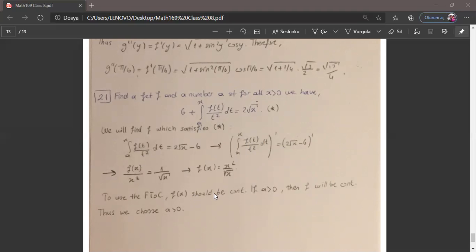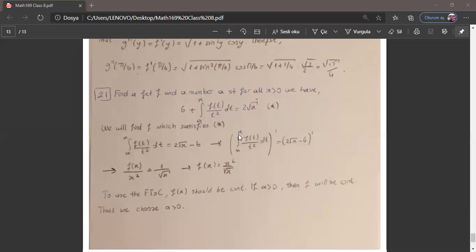So that's why if we choose a greater than 0, then this function will be defined on some interval which does not contain 0, okay? So the number a should be greater than 0. Then we can find some function satisfying this equality, okay?